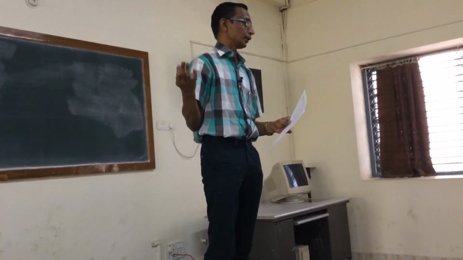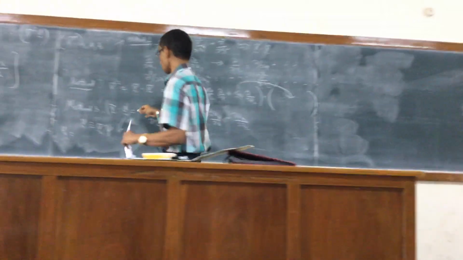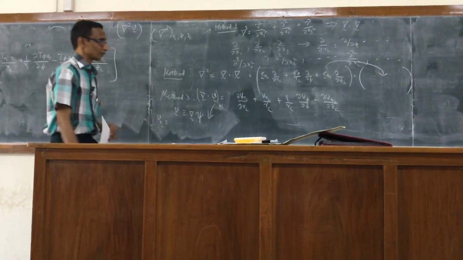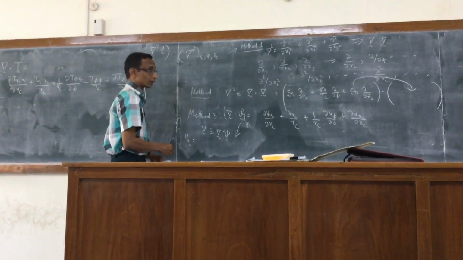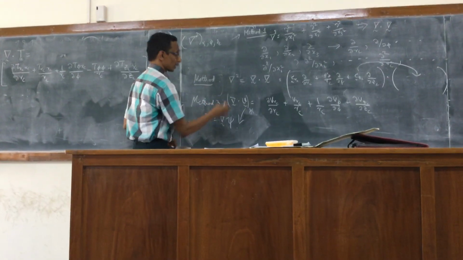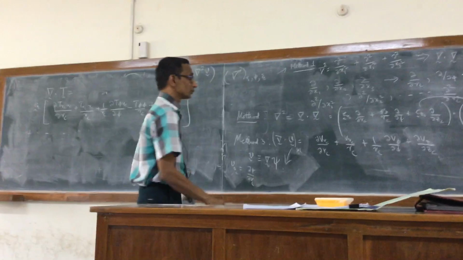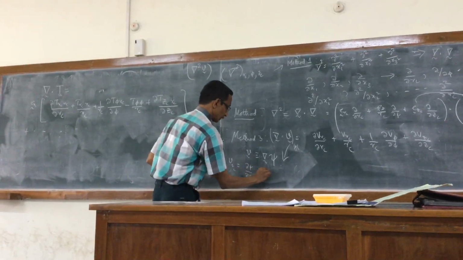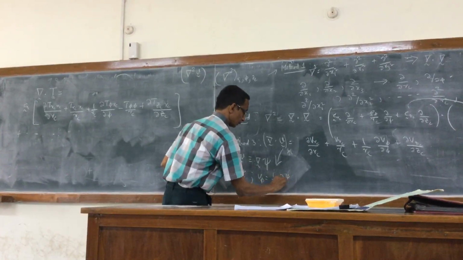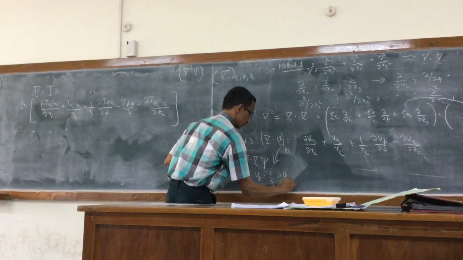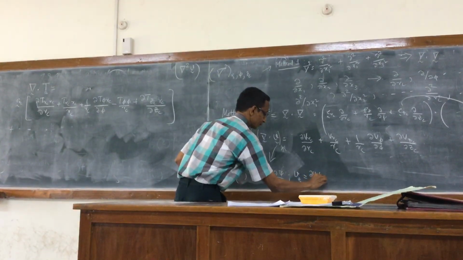But this formula applies to any vector field, where the components of the vector field are given by B_rc, B_phi and B_zc. So if I do this, then B_rc is simply, in cylindrical coordinates, d psi by d rc. And B_phi is 1 over rc d psi by d phi, and B_zc is d psi by d zc.